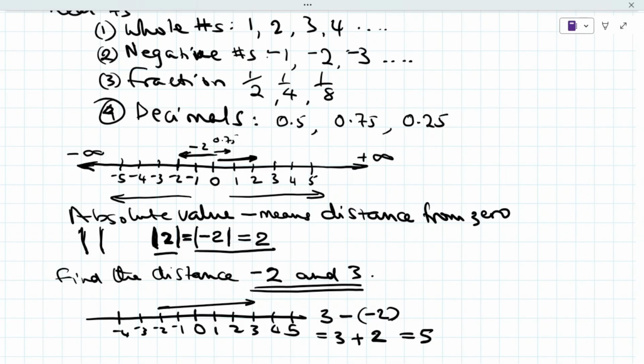So the distance between -2 and 3 will be 5. It's another way of saying absolute value for -2 plus the absolute value for 3. This will equal to 2 plus 3, which would equal to 5.